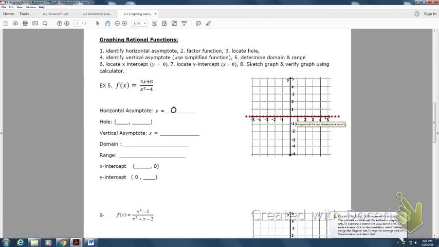Once I'm done with that, and if you hadn't noticed, you got the nice steps all written out up top. I'm going to factor that if I can. Can I factor the numerator? Yes. What can I pull out of it? 4. Can I factor the denominator?